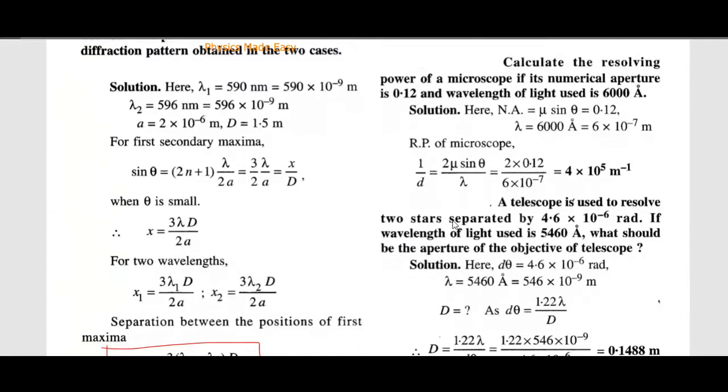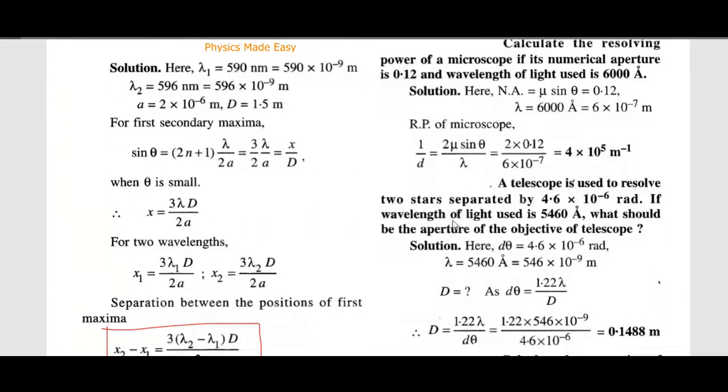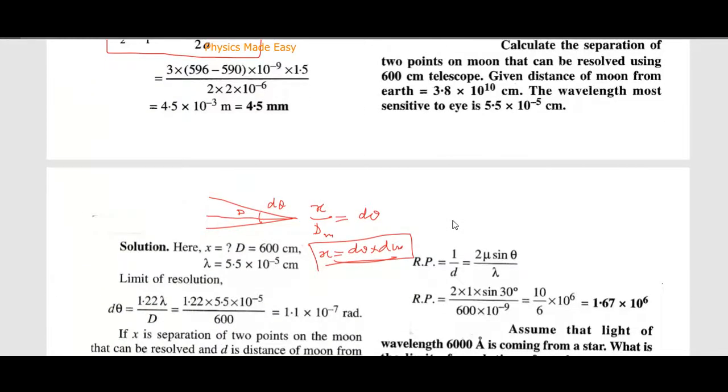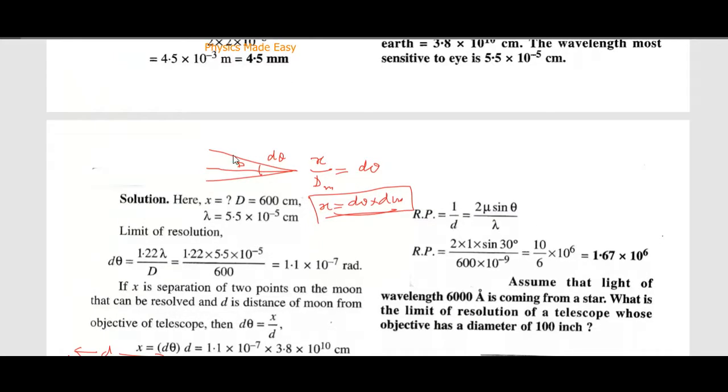Now let us proceed ahead and note down this thing. This d theta, we may need to find the angle subtended by a distant object, and for finding that, x divided by the distance of the object from the telescope is equal to the angle d theta.